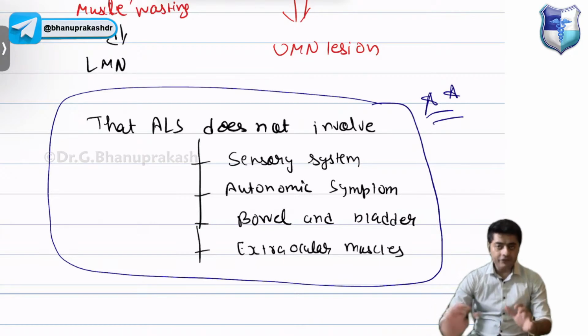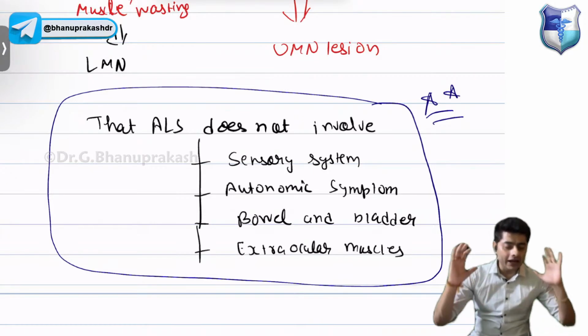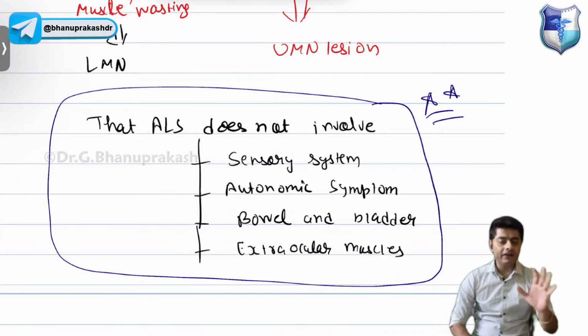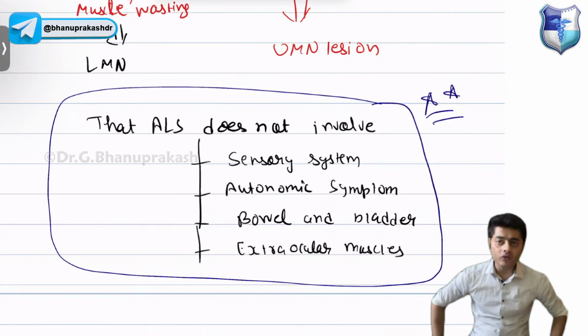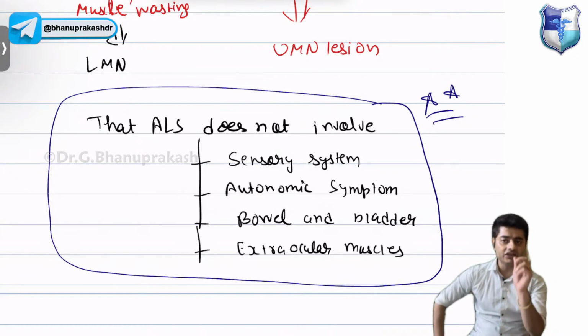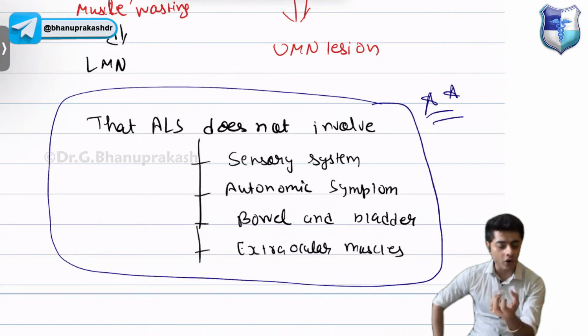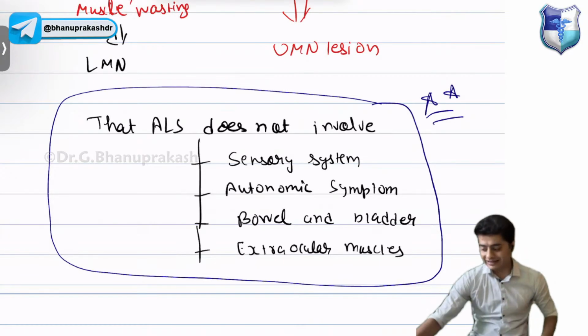So here we have finished with pseudobulbar and bulbar palsy. Anyone having any doubt? Then we will move on to the last part of this lecture, that is the difference between multiple sclerosis and small vessel white matter disease.